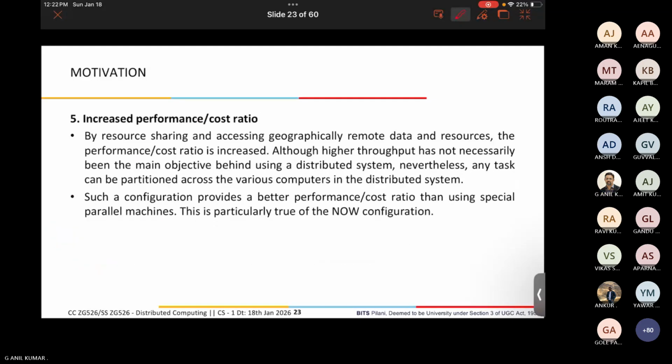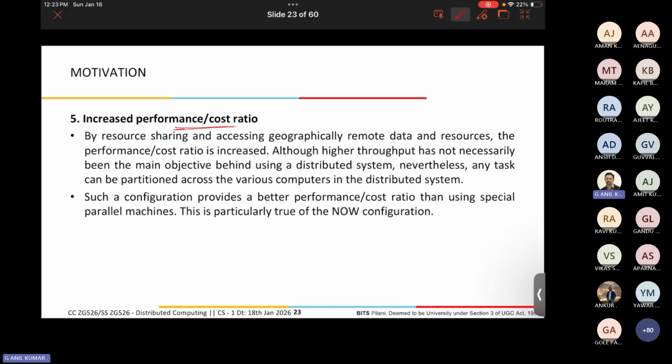Then, increased performance to cost ratio. See, we spoke about efficiency and economy. How is a distributed environment able to be more efficient? Can anybody answer that? Where is the economical point that is coming here? Why are distributed systems less costly? The cost to performance ratio is very low here.